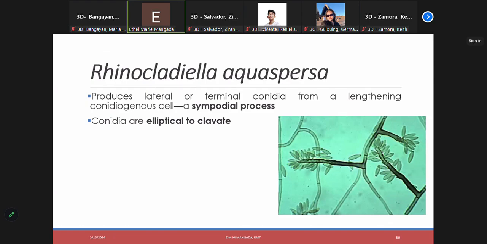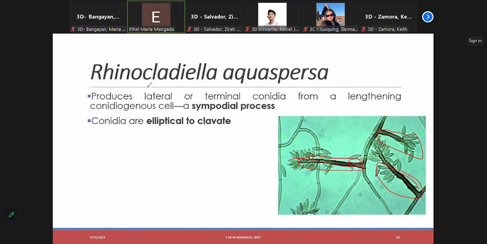Another microorganism causing your chromoblastomycosis is your Rhinocladiella aquaspersa. Okay? So, it is a sympodial process. Ano po yung sympodial process? These ones here. They are very lengthy compared dun sa conidiophore kanina nung iba, medyo maiksi lang. Ito sobrang haba po nila.